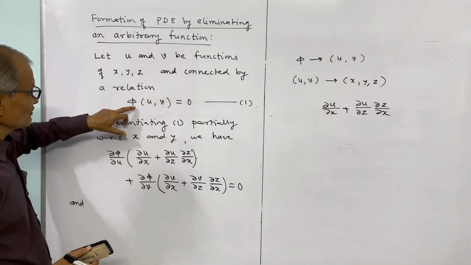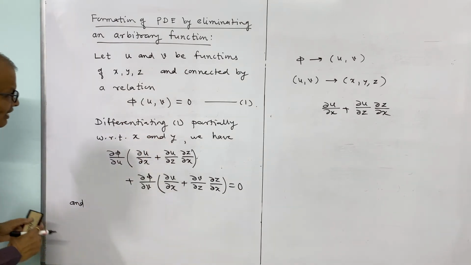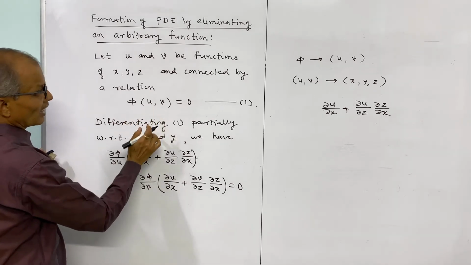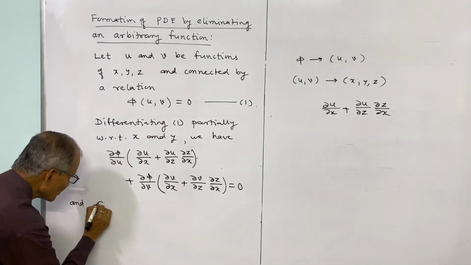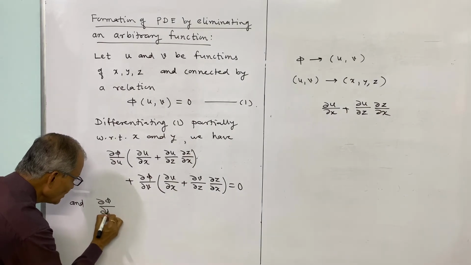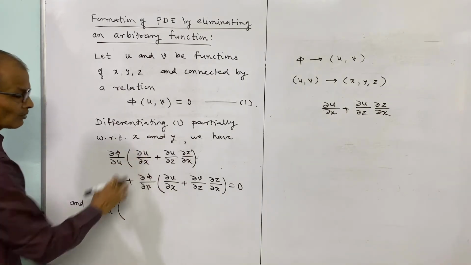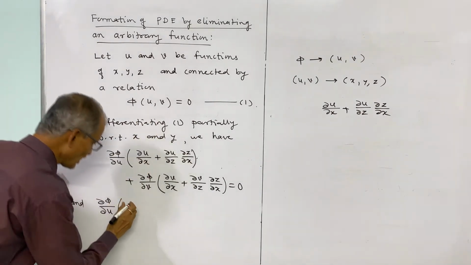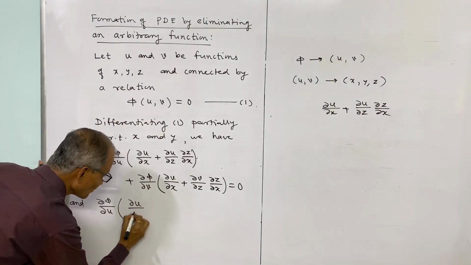Now the partial derivative of this function phi with respect to y. First it is a function of u and v. So first we have to consider it as u, and then it will be ∂φ/∂u into the partial derivative of u with respect to y, and the partial derivative of u with respect to y will be ∂u/∂y.